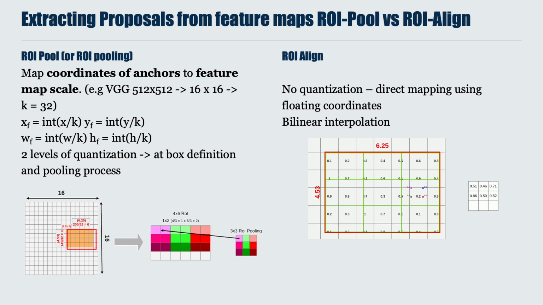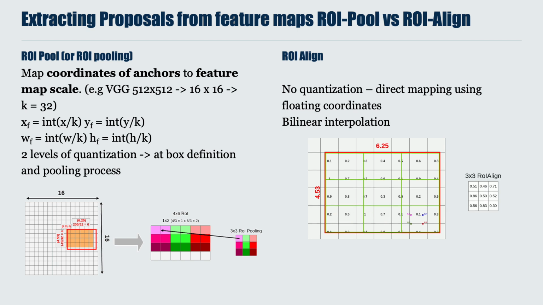First, you need this quantization at the level of the box definition, when you try to define where the border of the box will be in your feature map. And then you need to do it when you try to pool everything into a 3x3 array, like here. And so as you see here, you are losing the full bottom part of your scale.